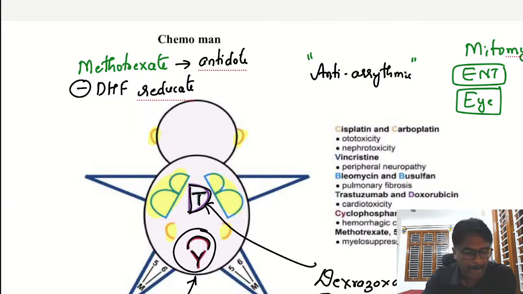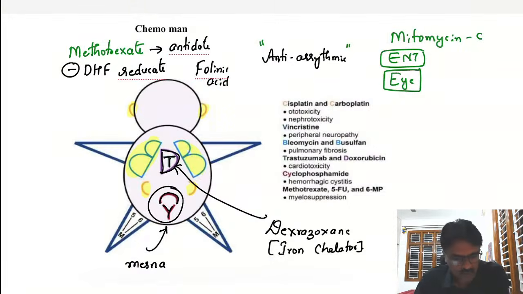Please tell me, what is the antidote name? The antidote is folinic acid. Folinic acid.